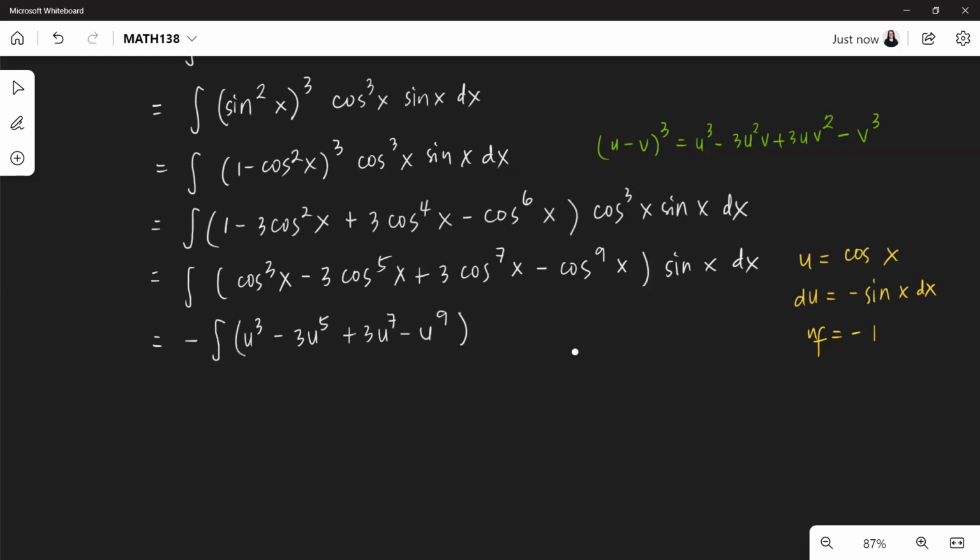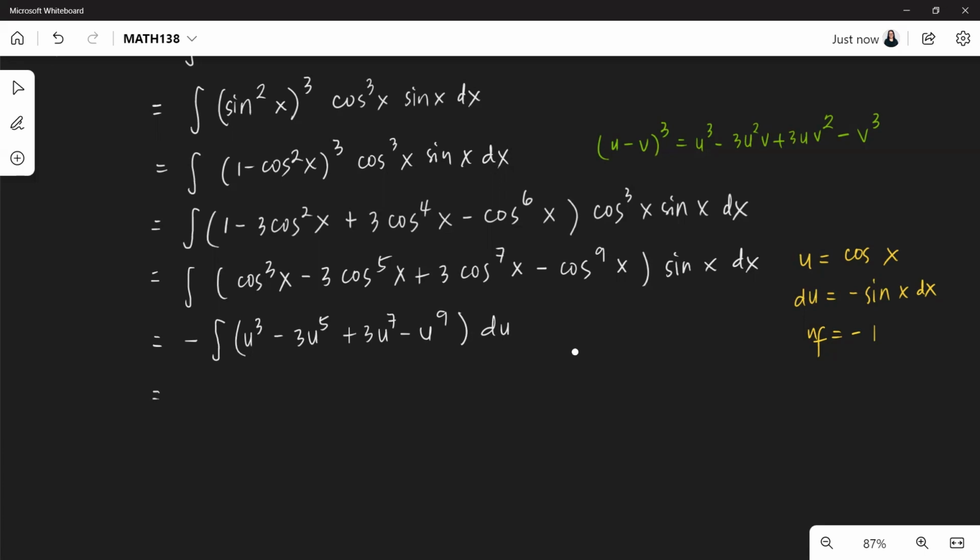Since we placed negative 1 here as the neutralizing factor, that means we are multiplying the sine x dx by negative 1, so this will now be our du. So proceed to integration using the power rule.